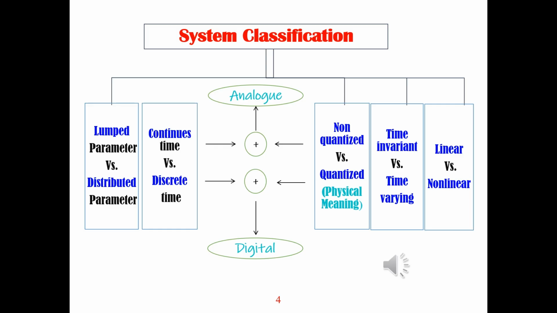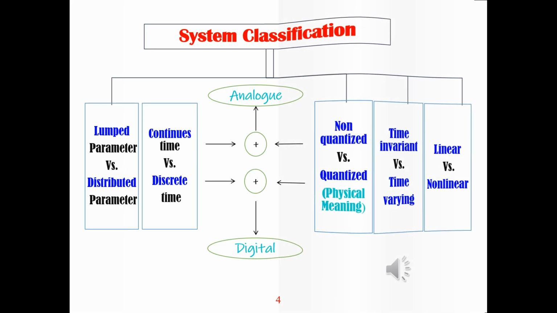Finally, systems can be linear, where outputs scale proportionally with inputs, or nonlinear, where the relationships are more complex and often harder to predict. These classifications give us a structured way to analyze and design systems, whether they are analog or digital in nature.